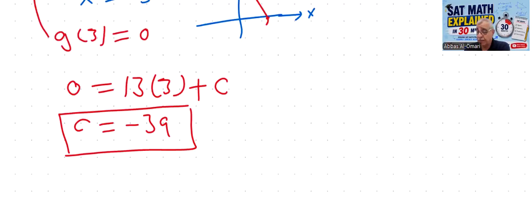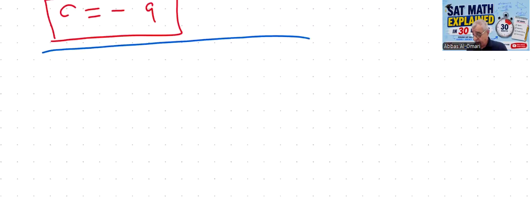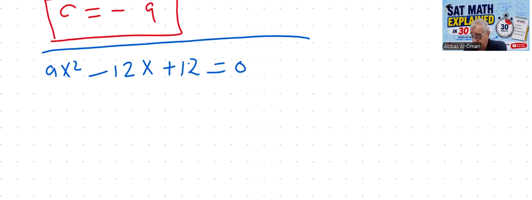The next question. We have a quadratic equation, ax squared minus 12x plus 12 equal to 0. This is a quadratic equation, and its value is 0.